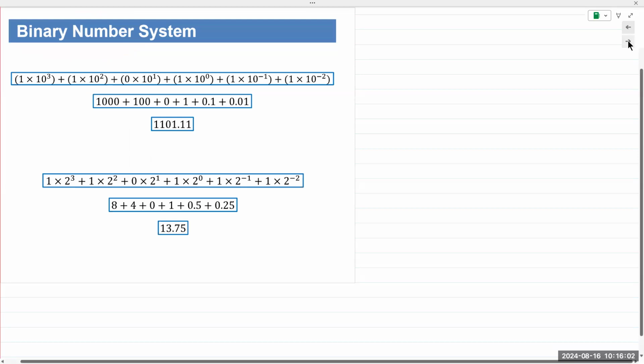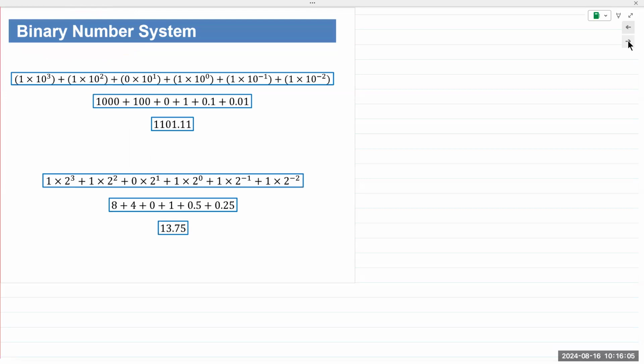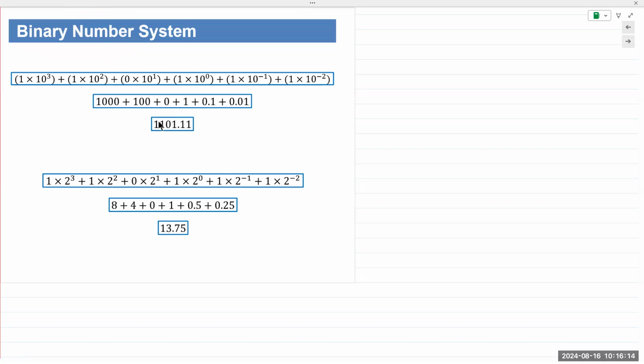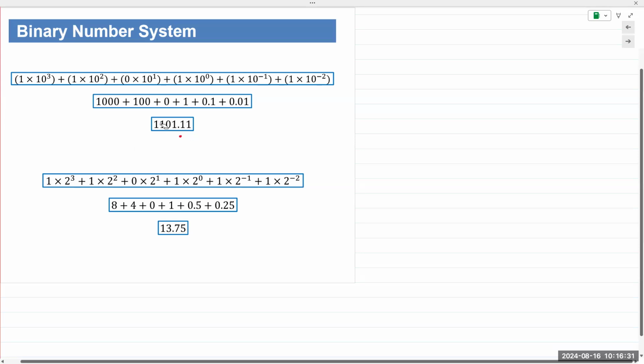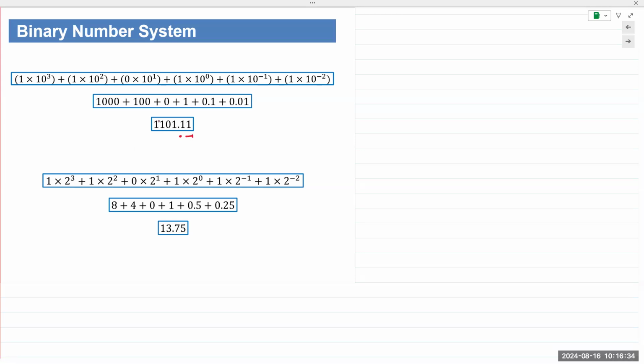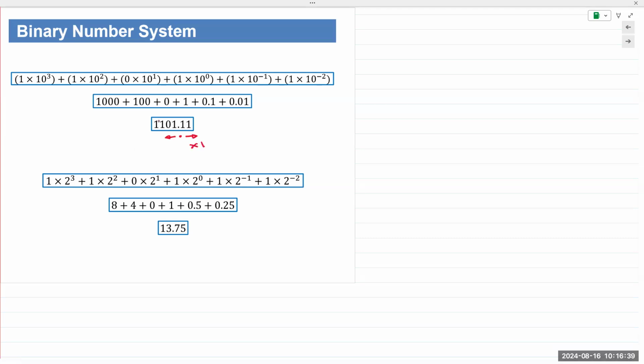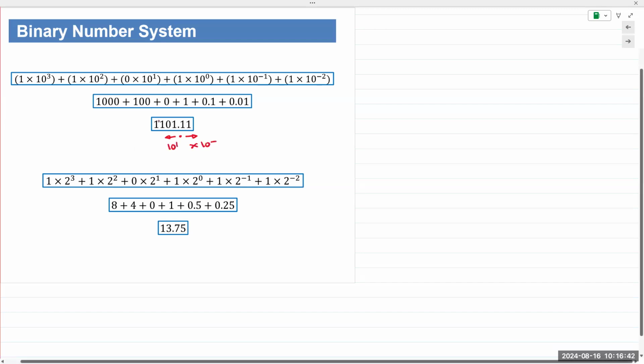So binary number system. As an example, let's take a look at the number 1101.11. Now, if you break this down, if it's base 10, we can take the digits to the right, meaning the decimal points, the fractions, and multiply it with the negative exponent, and the numbers to the left, multiply it with the positive exponent.